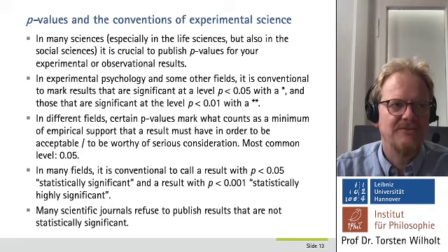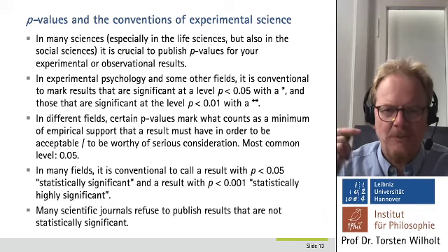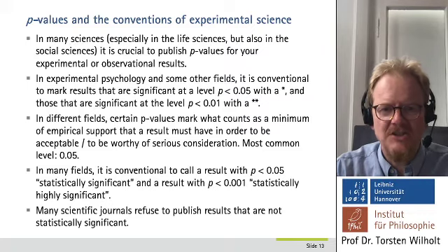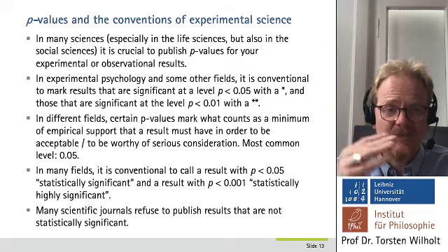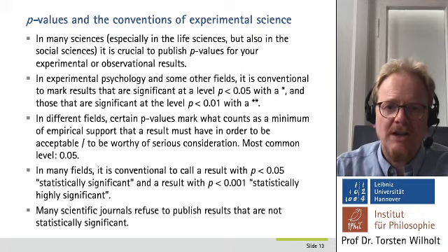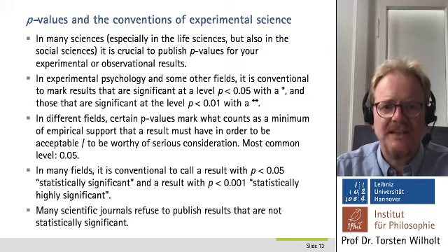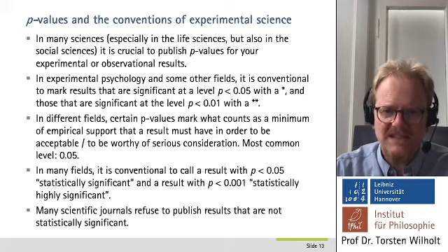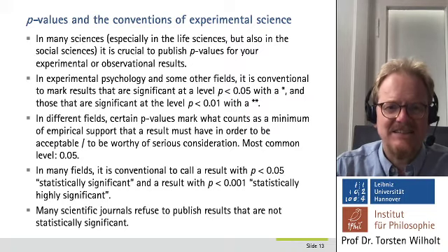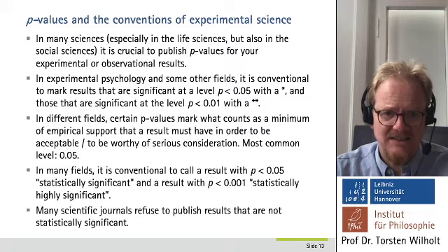So what in Fisher's methodology originally is just a continuous value, just one out of many features of a set of data, has turned into a threshold value where something is either statistically significant or not statistically significant.